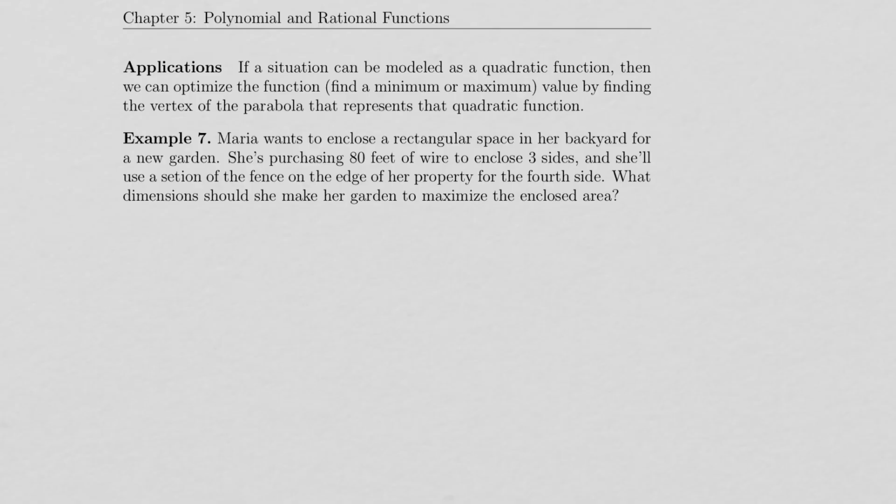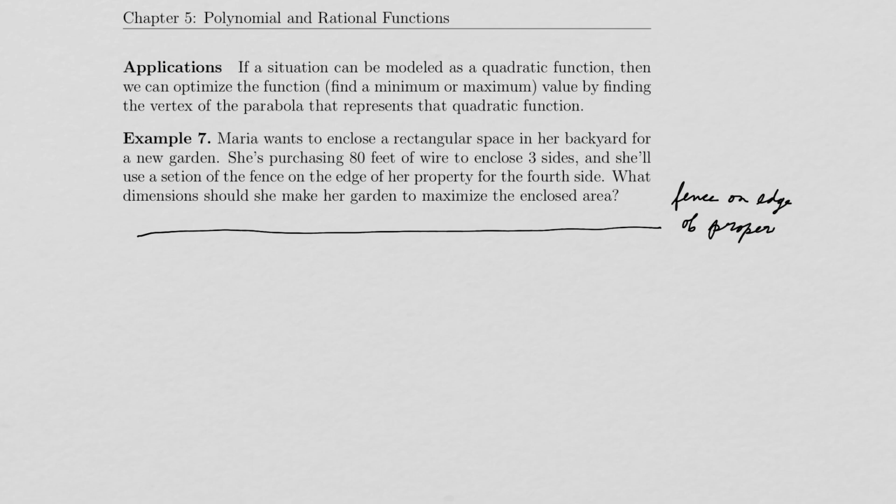Okay, so this is the idea. I'm going to draw a picture here. So this is like the fence that already exists. Let's draw it like this across. So this is the fence on the edge of the property. Okay, that's like the 4th side of her garden.